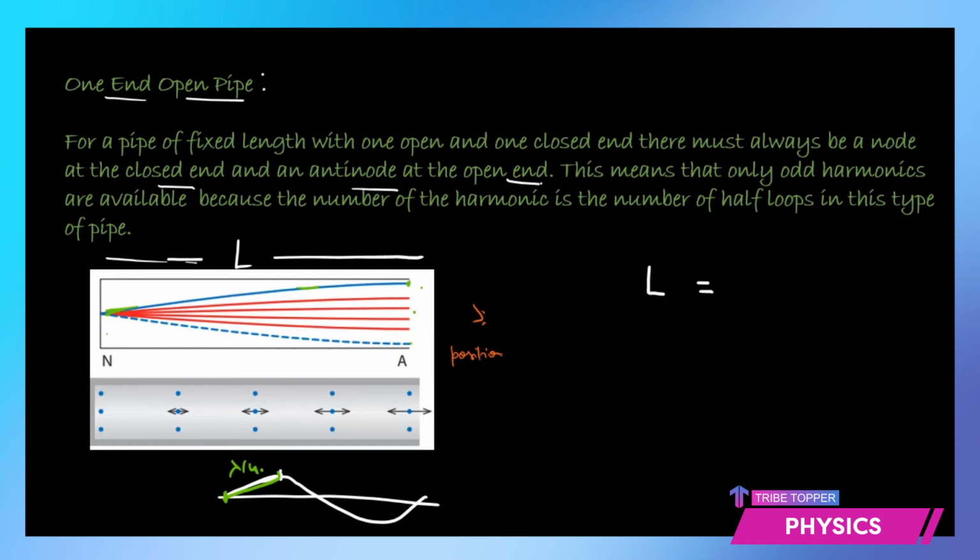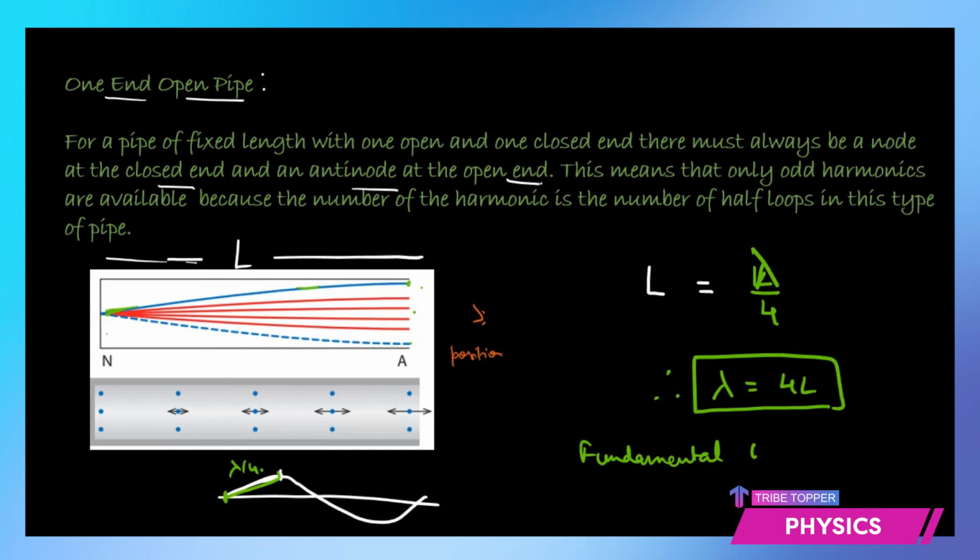So the length L covers 1/4 of a wavelength lambda. Therefore, what is the wavelength? That is 4L. This is the most basic type of wave I've drawn. So this is the fundamental wavelength of the particles when they are vibrating in a pipe with one end closed and one end open.